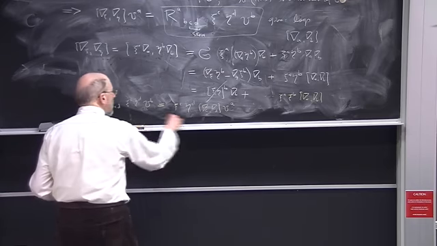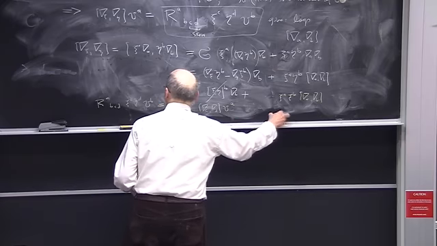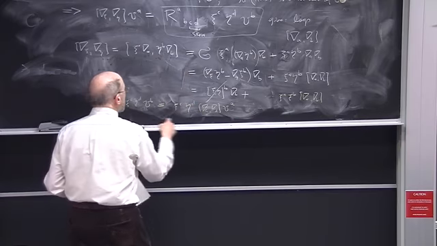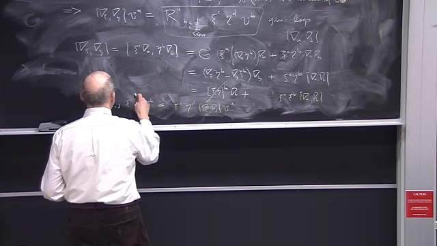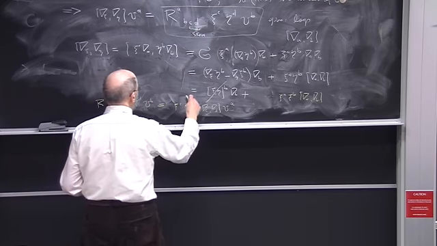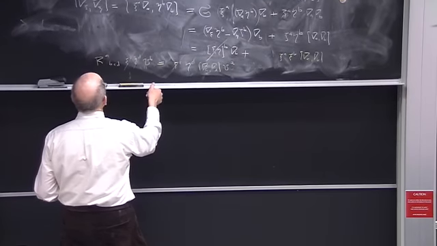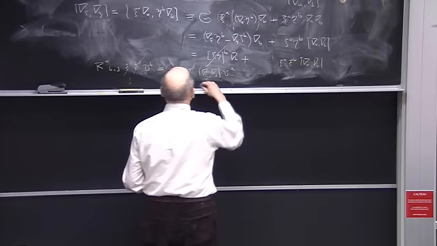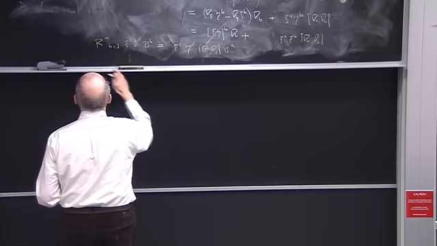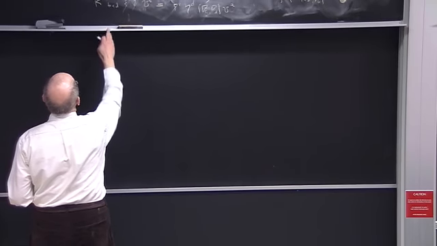So now, since Xi and eta are completely arbitrary, I can just cross them out and write an equality between what's left over. And that's, I think, the most convenient form of a definition of the Riemann tensor.